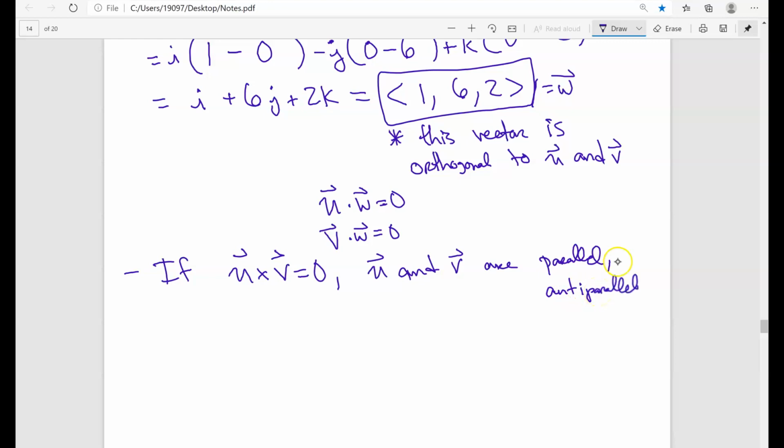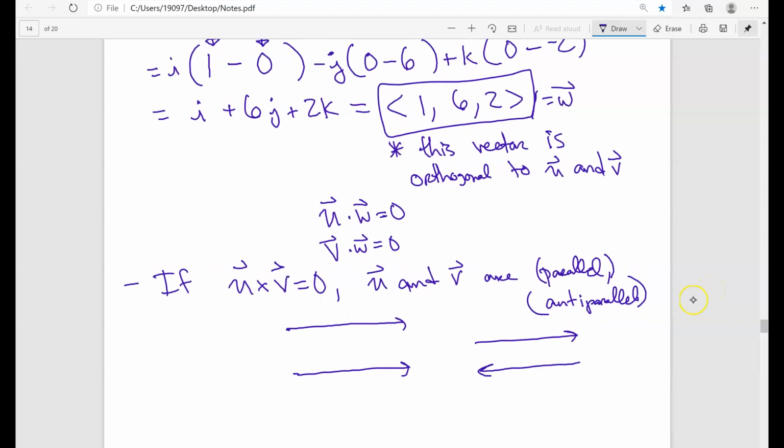And what that basically means is that the vectors are going in this direction, okay? Or the vectors are going in the opposite direction, okay? Which means that the only vector that's perpendicular to both of them will just be 0, okay?